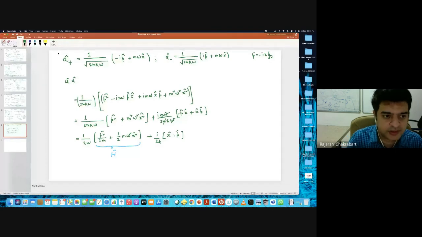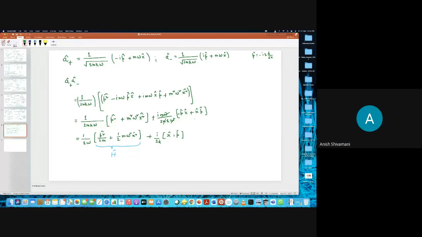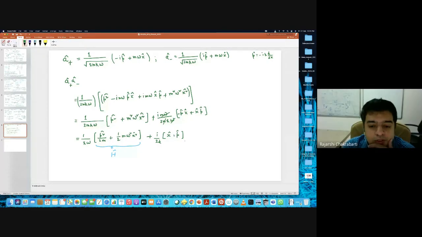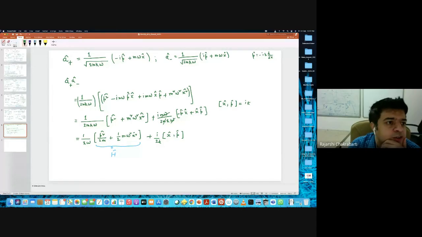I took the other way. This is plus minus, isn't it? This is xp. Now, how many of you know what the xp commutator is? h cross by i. i h cross. So I'll put this i h cross here.